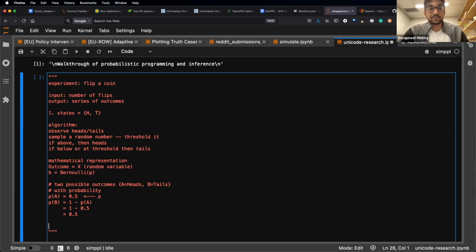You can increase the space of outcomes, and then each outcome will have a certain probability. As someone mentioned before, this is a discrete set of outcomes, in which case it is countable.